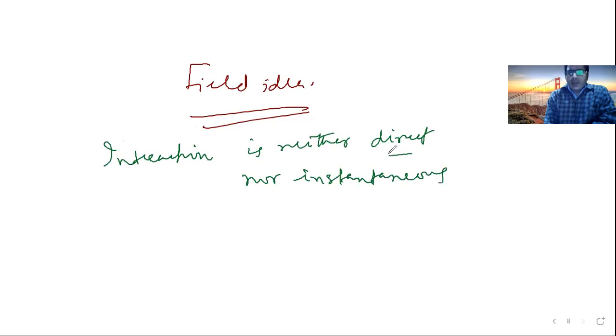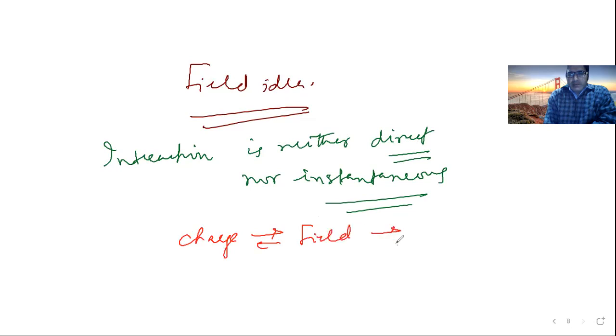Symbolically, we represent this way: charge, field, and charge. More specifically, we write electric field here.